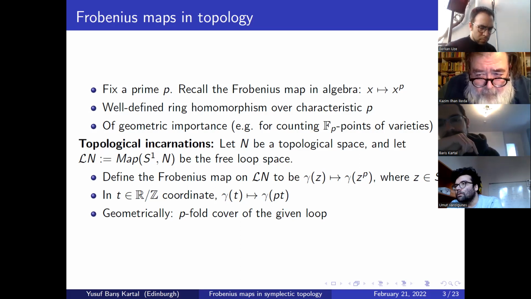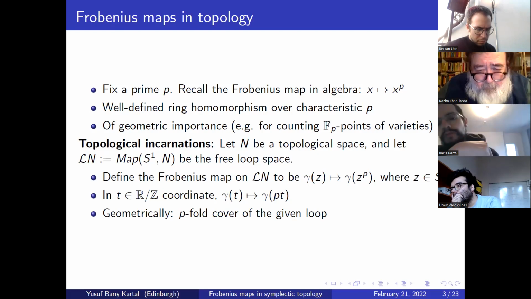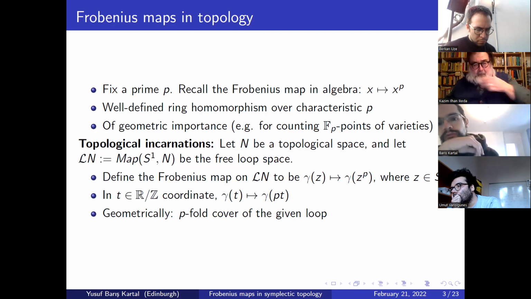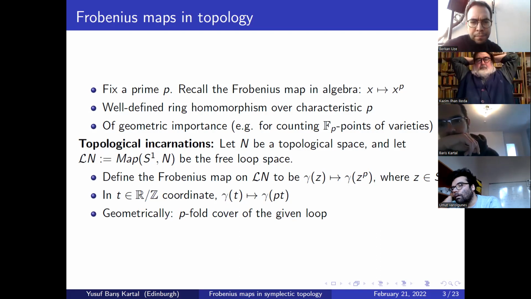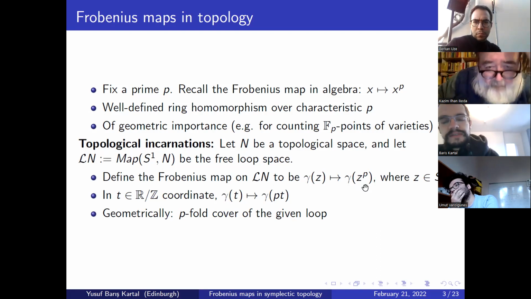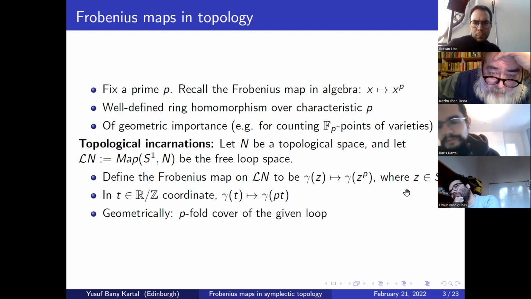Yes, that's injective, because if you look at the image, then the segment between 0 and 2 pi over p determines the original loop. Okay, I think I understand now. Thanks for the question. So this is an injective map, and its image is exactly the set of loops that are fixed by the rotation by the pth roots of unity.